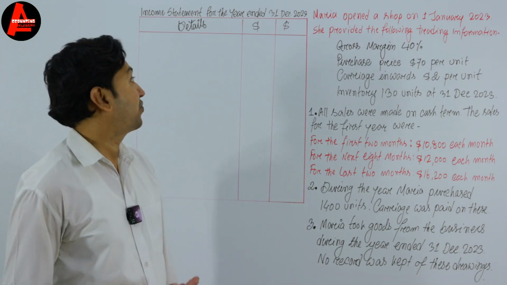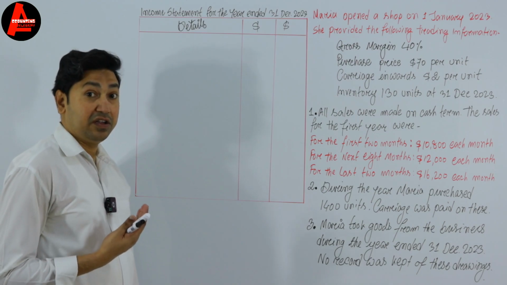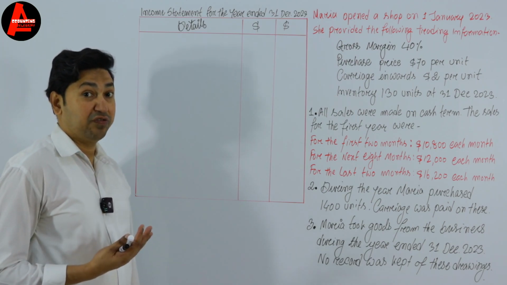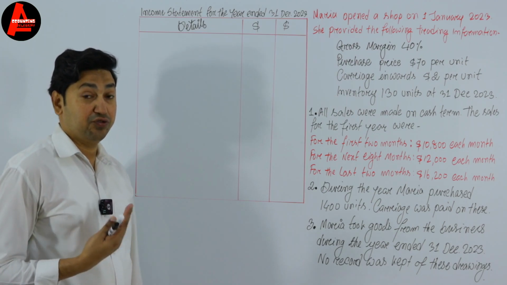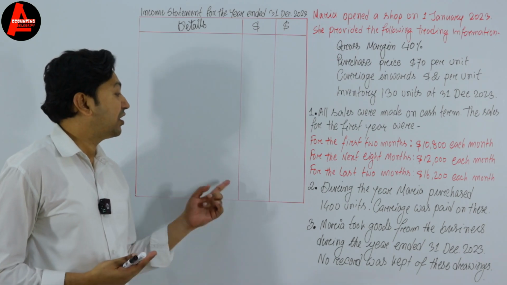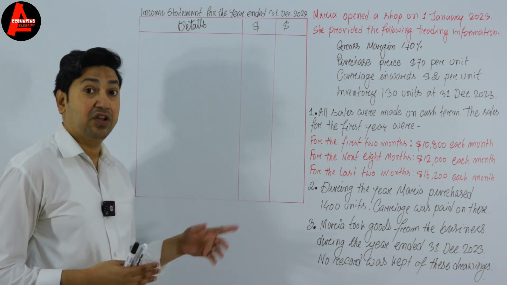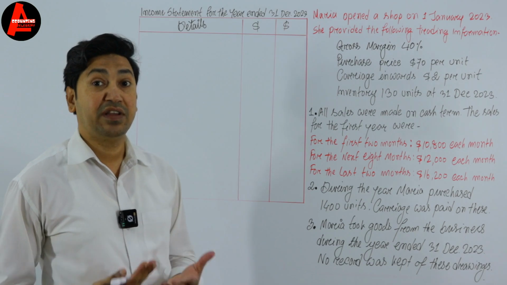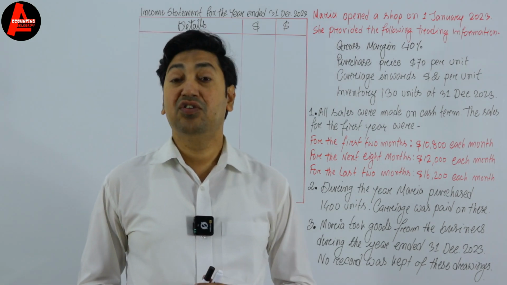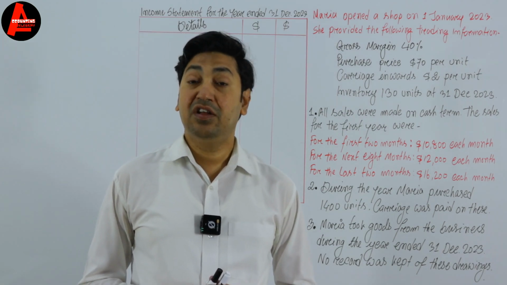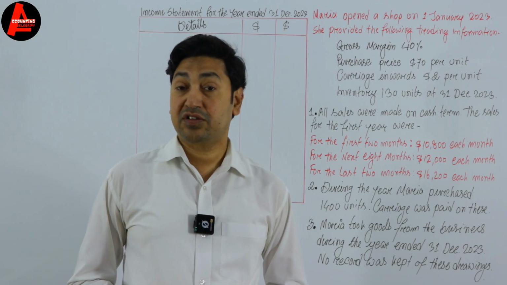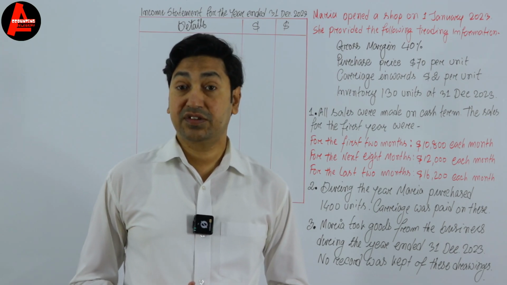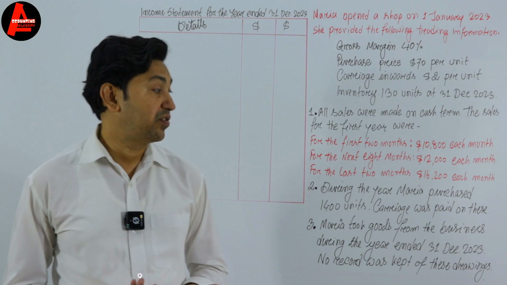The first item in the income statement is sales revenue. And how do we calculate gross profit? We know sales revenue minus cost of sales equals gross profit. So we need to calculate cost of sales, but first we have to figure out our sales revenue.